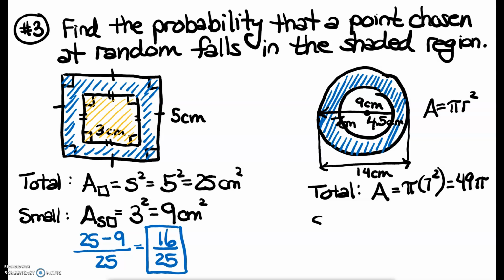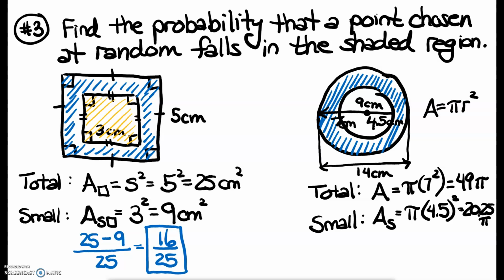The area of the small circle is going to be pi times 4.5 squared, which is going to be, let's see, 20.25, I think, 20.25 pi.